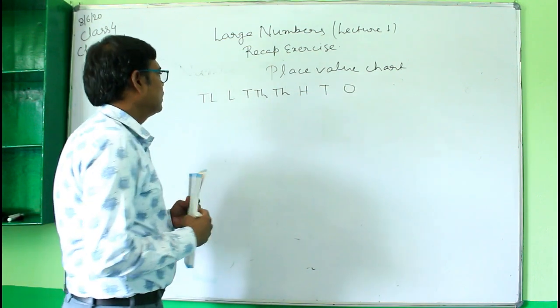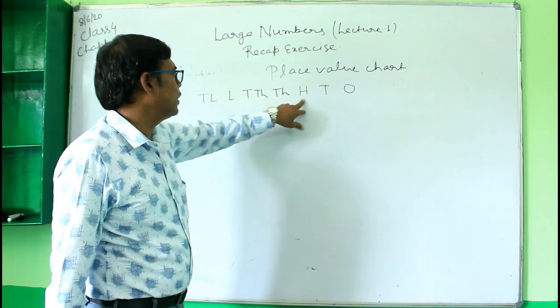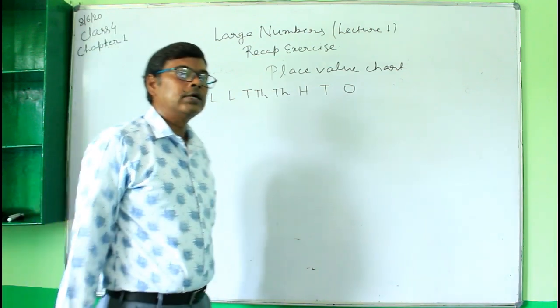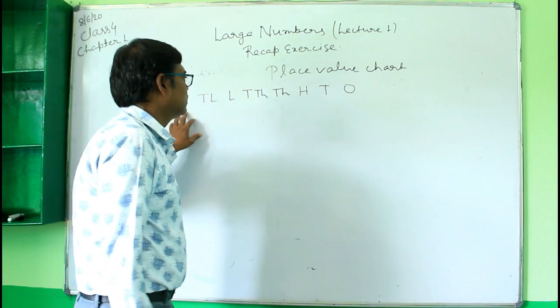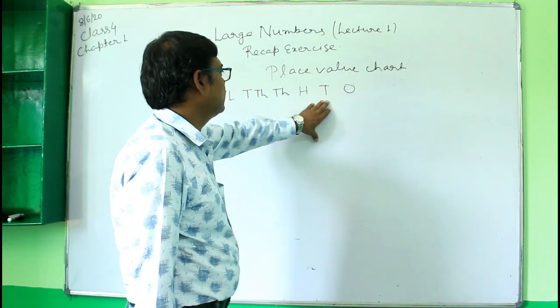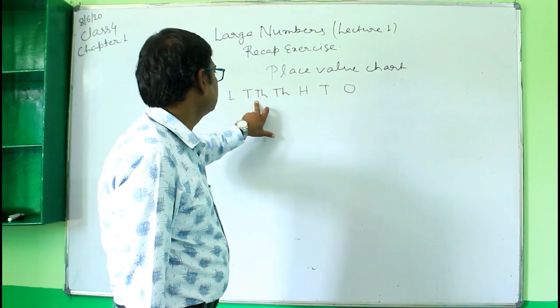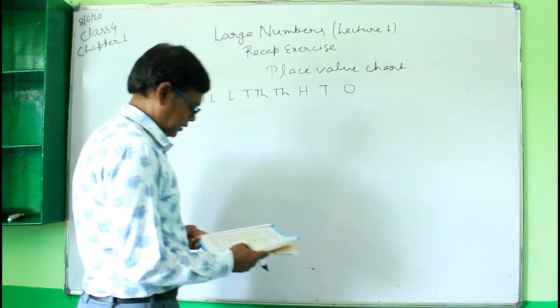These are the places, like 1, 2, 3, 4, 5, 6, 7, for a 7-digit number. This is the ones place, then tens place, then hundreds, then thousand, then 10,000, then lakh, then 10 lakh.